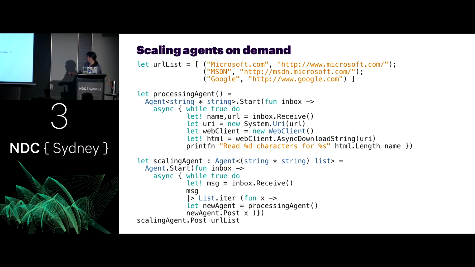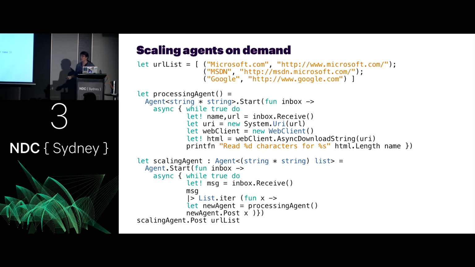We take the message that we've gotten, and then iterate through the whole list. So for each one of these items in the list, we create a brand new agent which handles the processing for each one, which just is an instance of this processing agent, and post the information to that new agent.